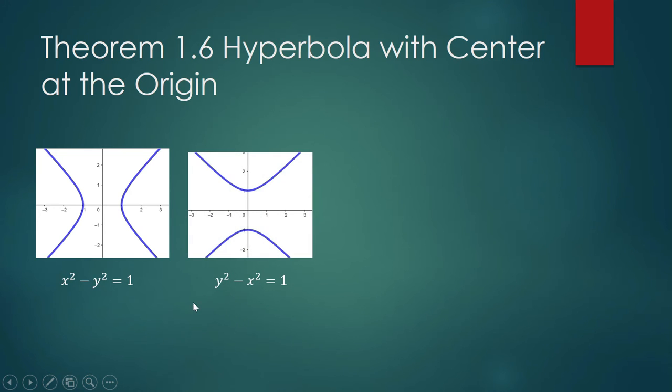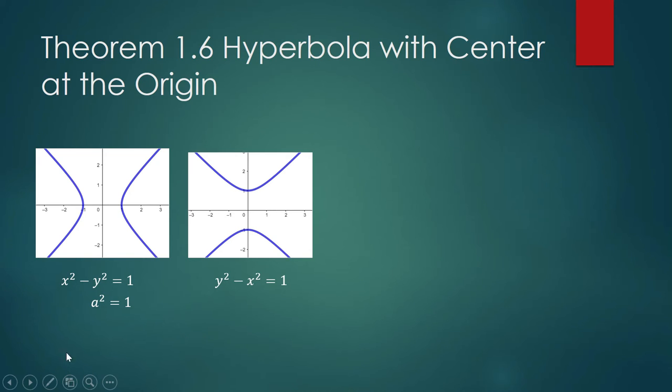How about when the equation is y squared minus x squared? The term that follows your subtraction is x squared. So the principal axis is vertical. Okay? So again, did I speak about b squared? Well, if you were to go back to the equations, b squared is the denominator that follows the subtraction.